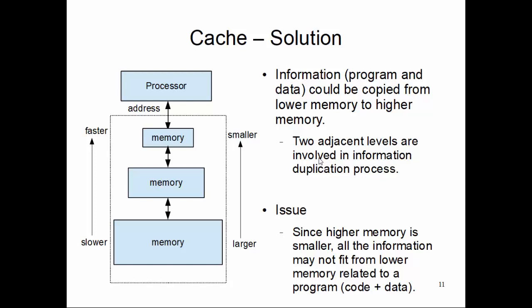Two adjacent levels are involved in this information duplication process, which means a block of information is copied, not one piece of information at a time. I'll come to that concept later, but group of information are copied back and forth between higher and lower levels, always within adjacent levels of the hierarchy.